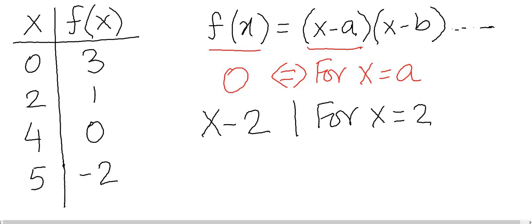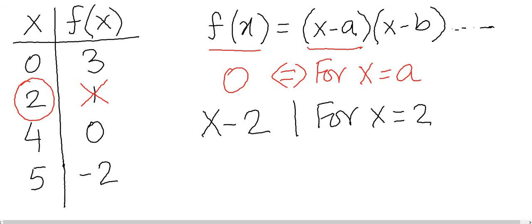But it is not 0 in the table for this polynomial. It's 1. So this is not the right answer, because if x minus 2 was to be a factor, then when you plug in x equal to 2, fx should be 0, but it is not.